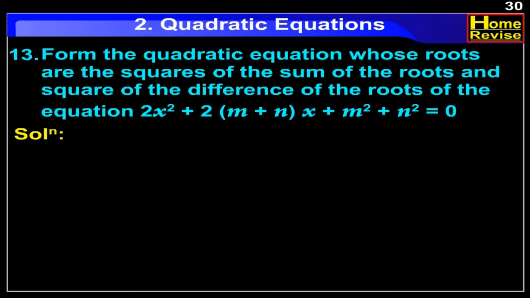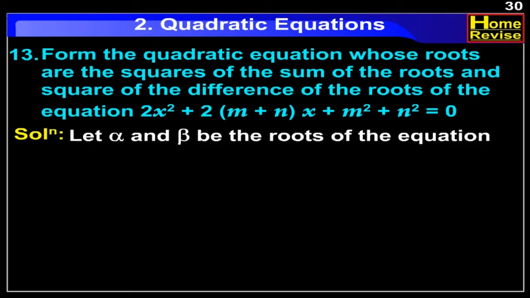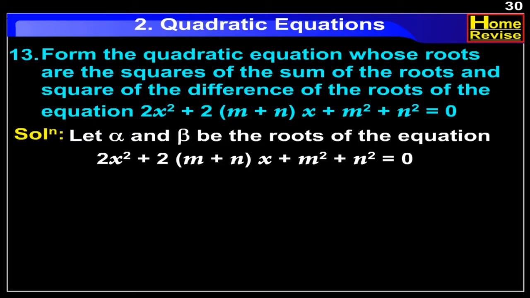Solution. Let us consider alpha and beta be the roots of the equation 2x square plus 2 into (m plus n) into x plus m square plus n square is equal to 0.